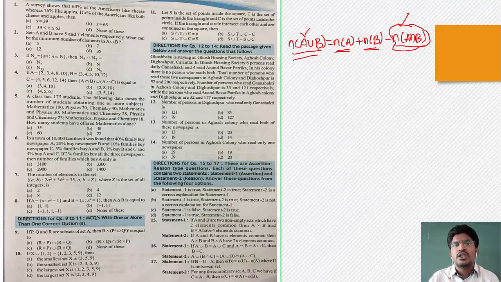Clear? Very simple logic. So if n of A intersection B is maximum, n of A union B will be minimum. This thing you must know.